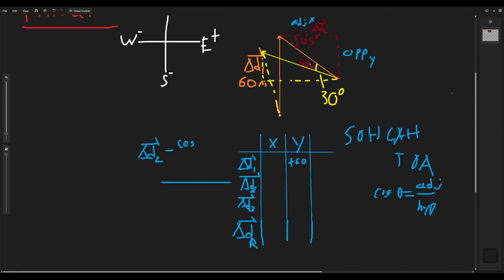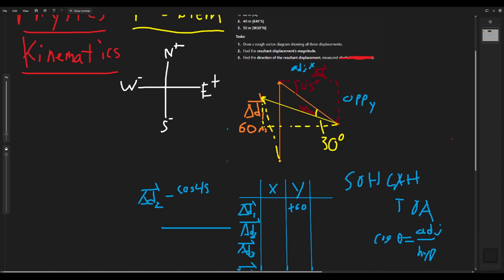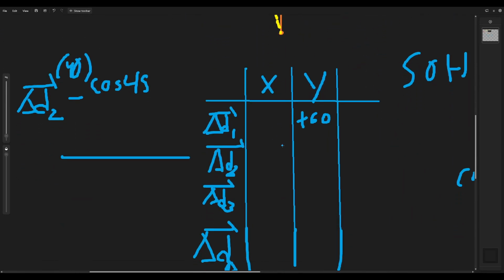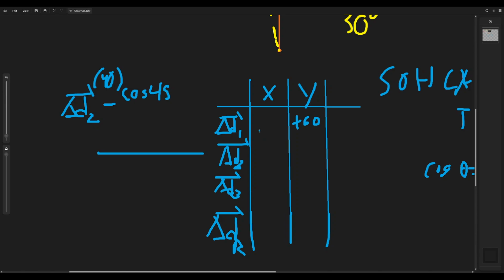So this would be cos, and the angle is 45, and our hypotenuse is 40. So 40 times cos 45, what does that give us? That gives us about 28.284, and we're not going to round until the final step.